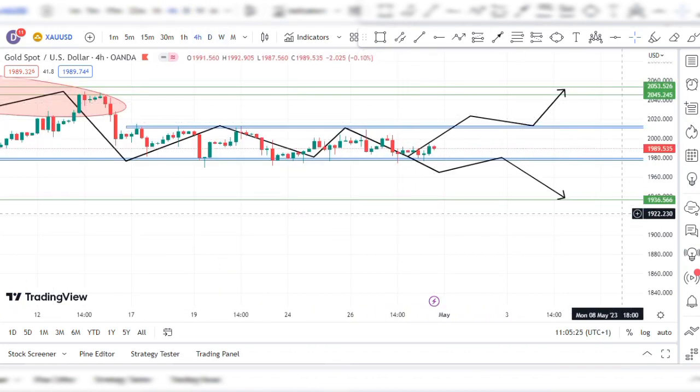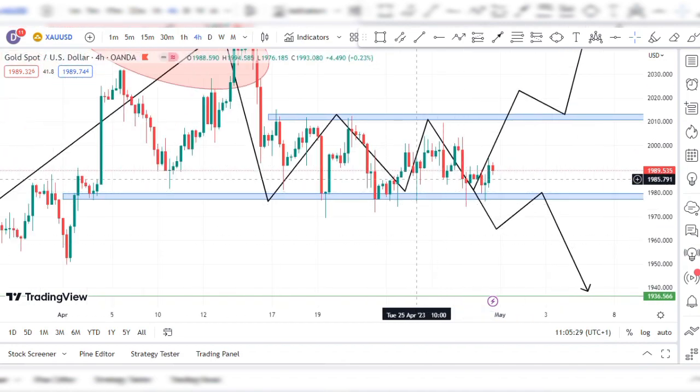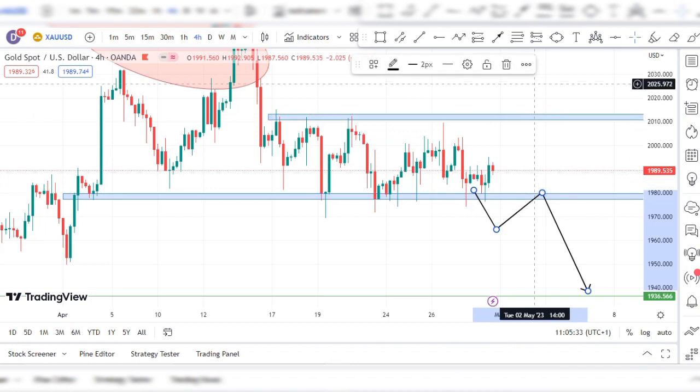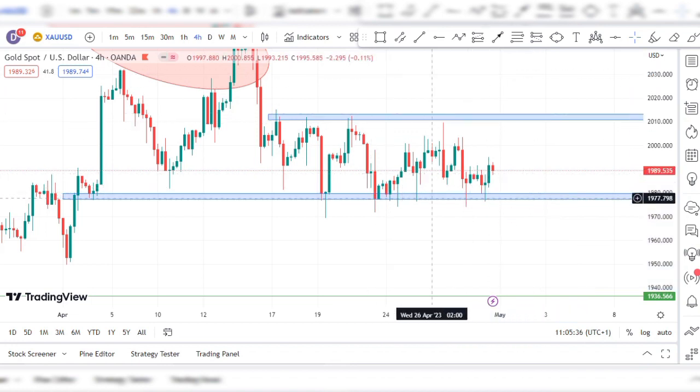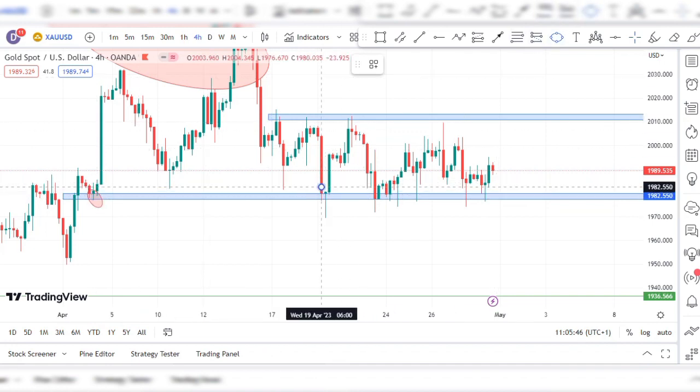Now, if we move straight down to the 4-hour time frame, take all this out. So on the 4-hour time frame, as we can see, we are still in the range. We can see price testing this area multiple times, and we can see the rejection every time price gets into that area.